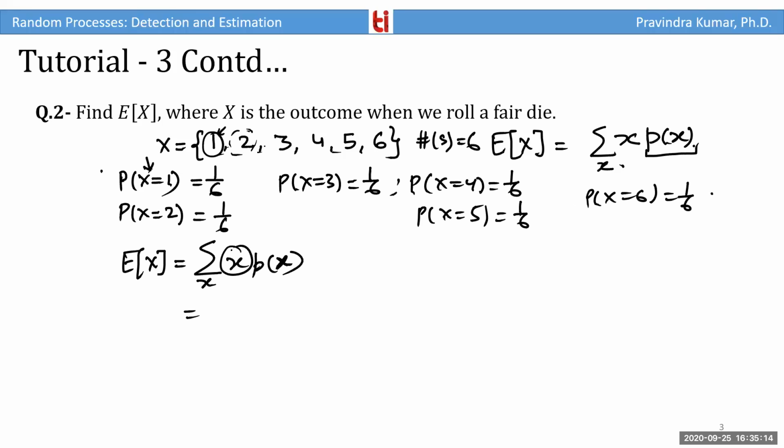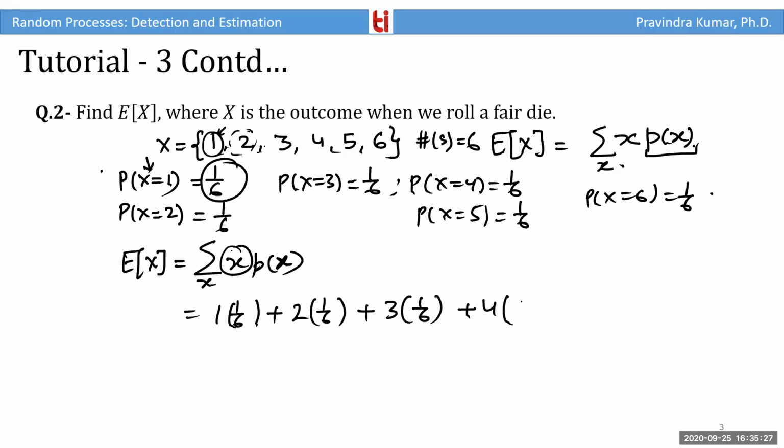If x is 1, p(x) is 1 by 6. So 1 into 1 by 6 plus 2 into 1 by 6, 3 into 1 by 6, 4 into 1 by 6, 5 into 1 by 6, 6 into 1 by 6.